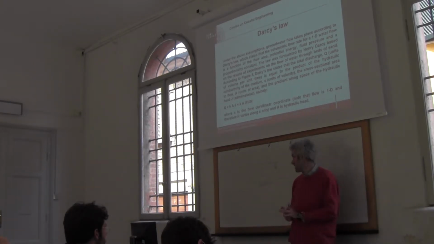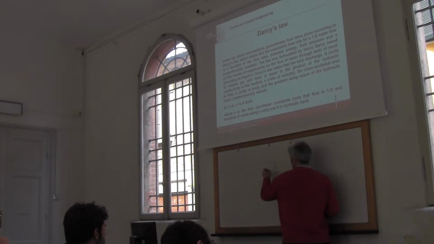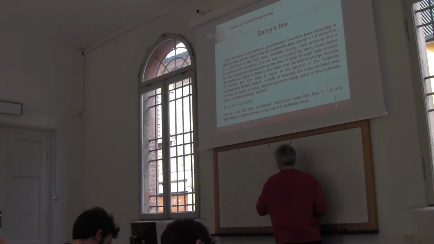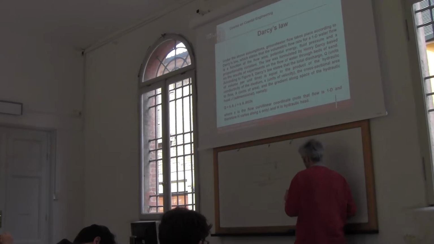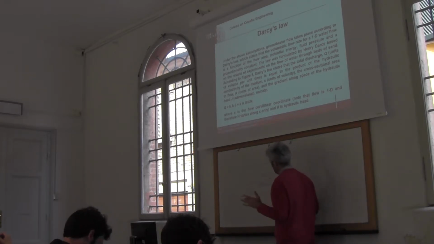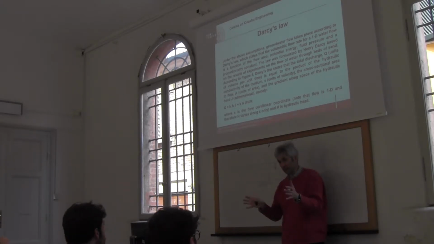And let's assume that we can describe an average velocity vector from this area. And let me depict it like a vector that is coming out towards us. And let's assume that this area is perpendicular to the velocity vector.